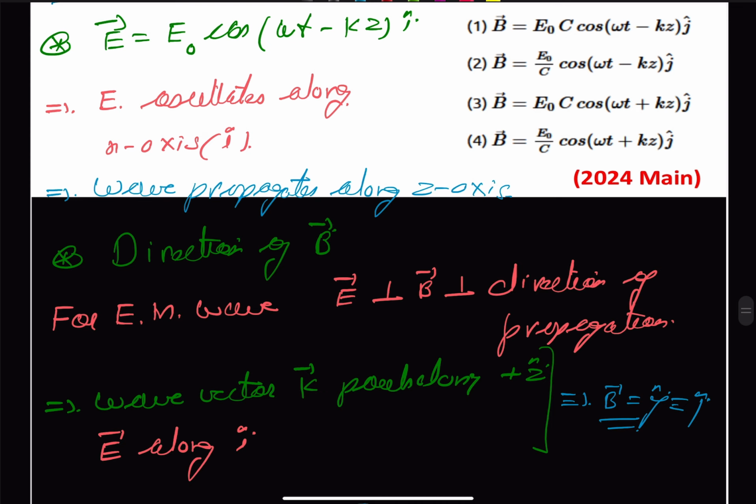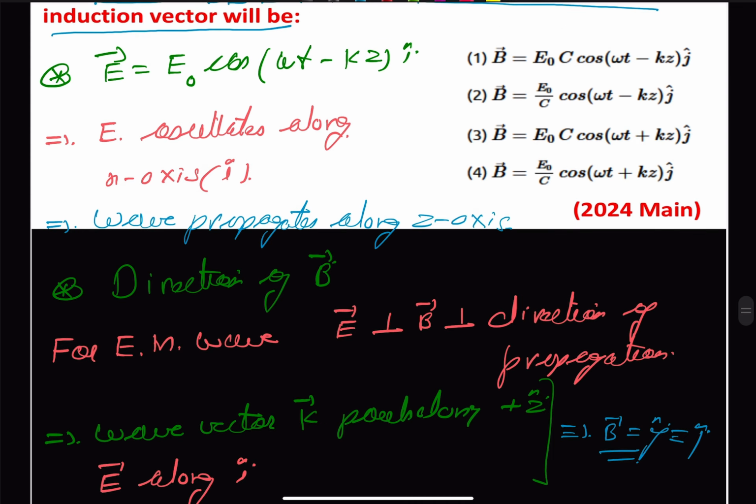So we get this as E naught upon c, and option number 2 is correct.